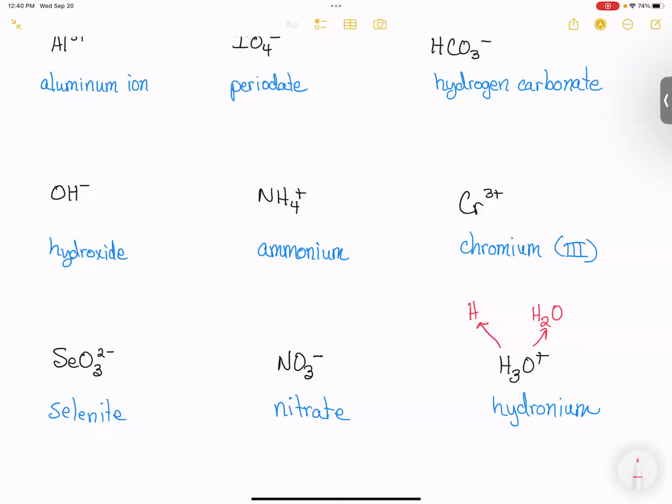Part of this list is a lot of the more common metal ions. It doesn't even include all of them. That would be hard. But it does include a lot of the common ones. And then it includes your anions, and it includes your polyatomic ions.